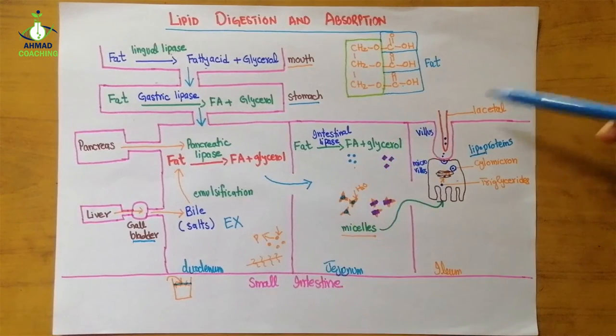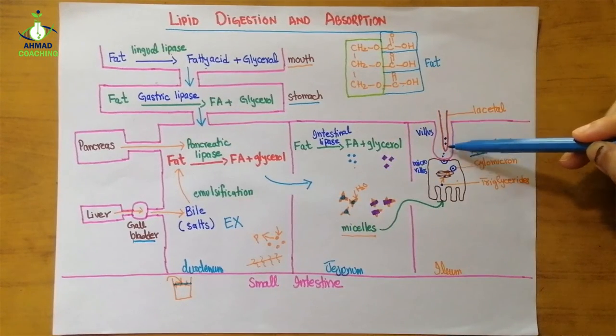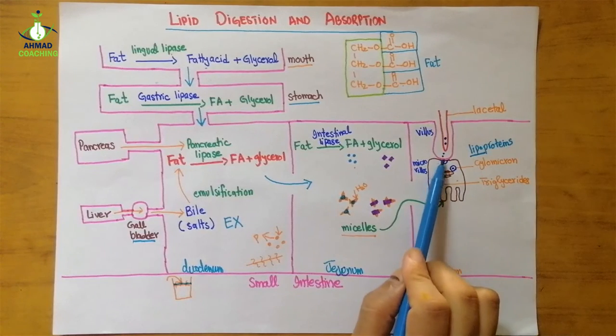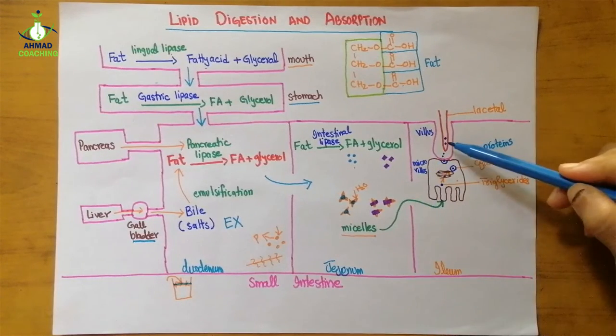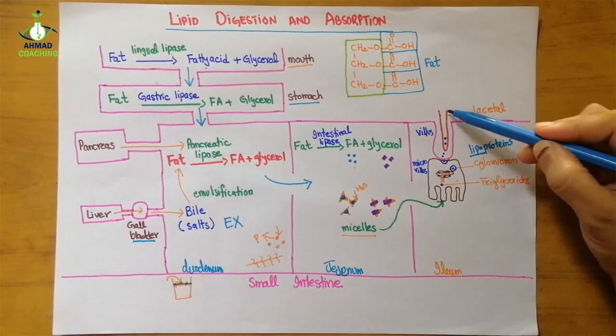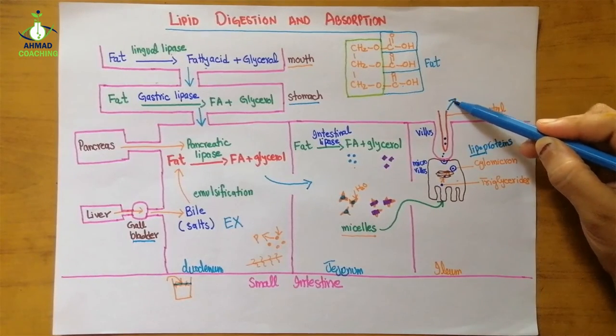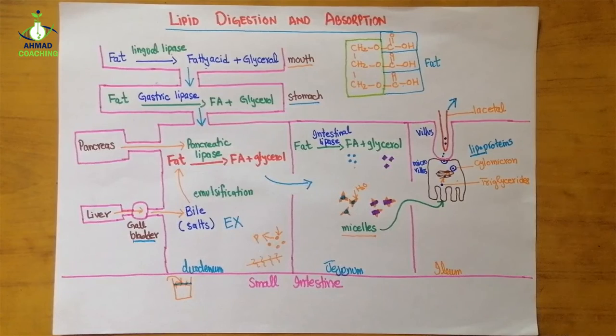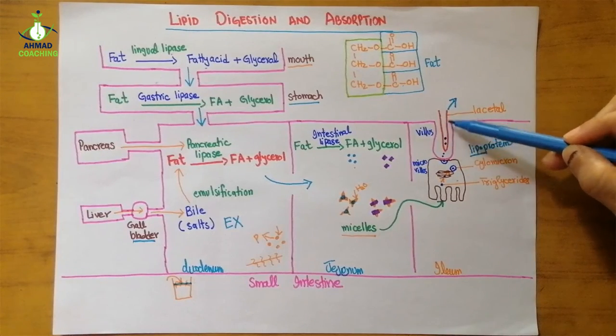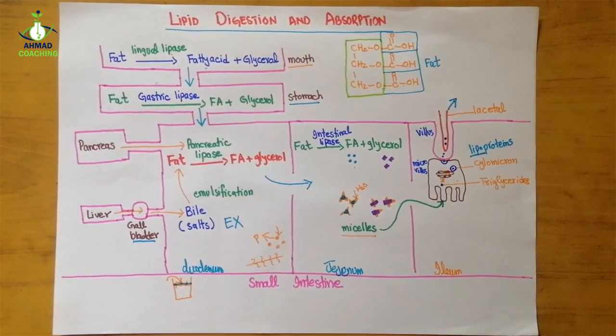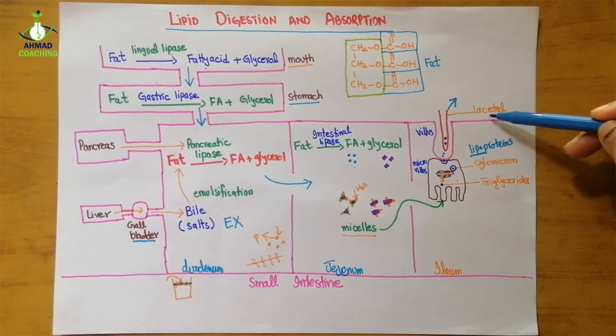Here we have blood vessels going, so this triglyceride is going to enter into the blood, and from the blood it will be taken to its destination wherever it is needed. These blood vessels, or a network of blood vessels, is known as lacteal.